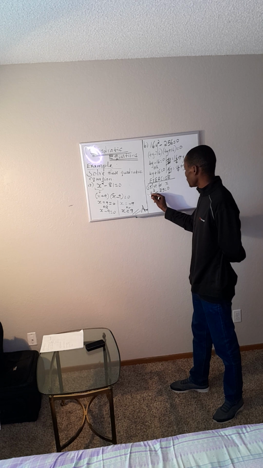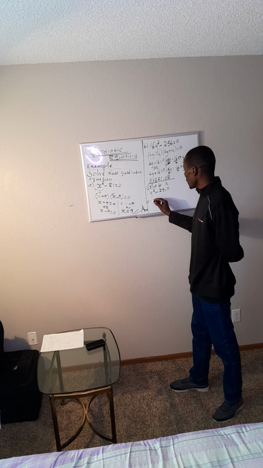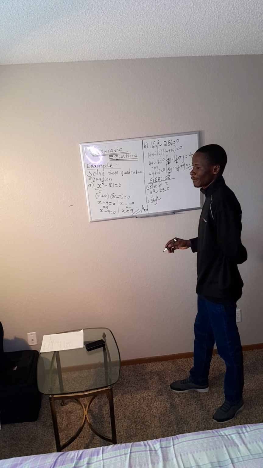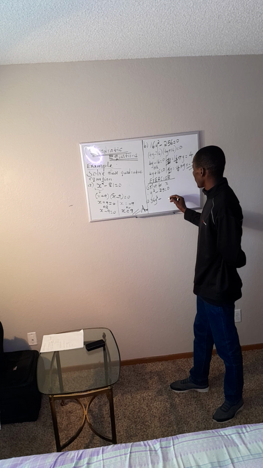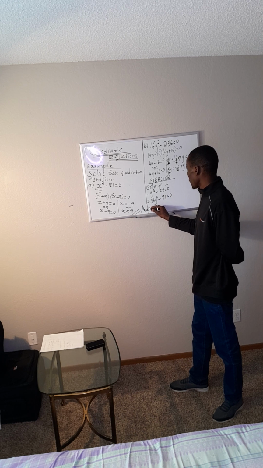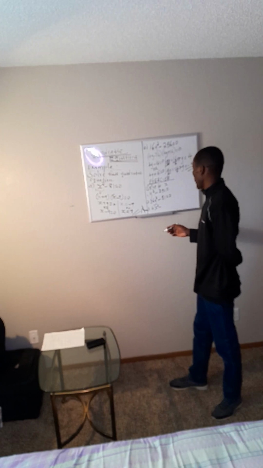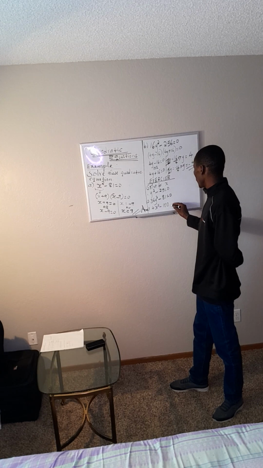That is question 1. Question 2, 36y squared minus 81 is equal to 0. Question 3, 4x squared minus, let's use a number like 100 is equal to 0.